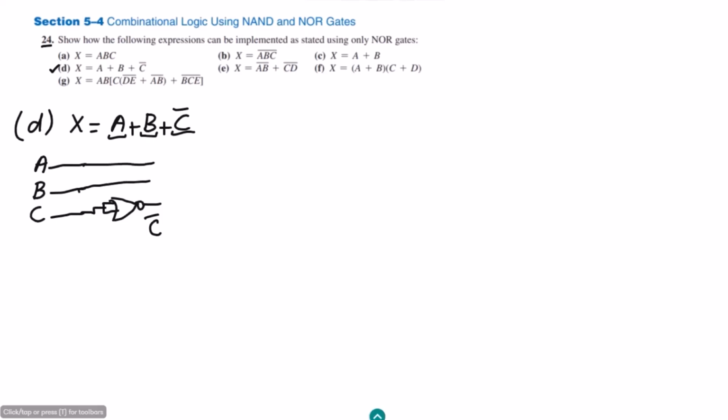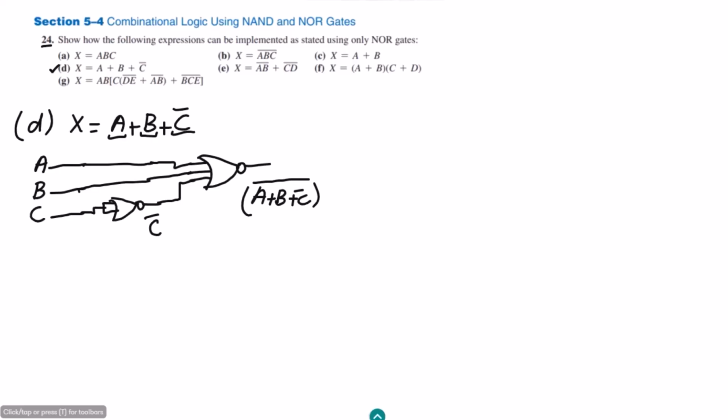Now this is given to a 3 input NOR gate. Let me give these inputs to it, and at the output of it I will get A plus B plus C complement, and the whole complement of it.